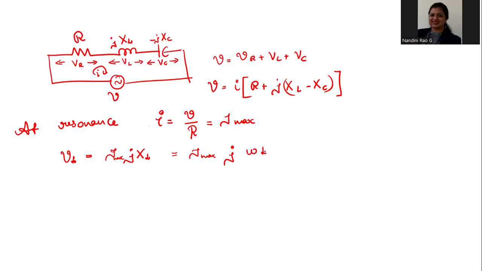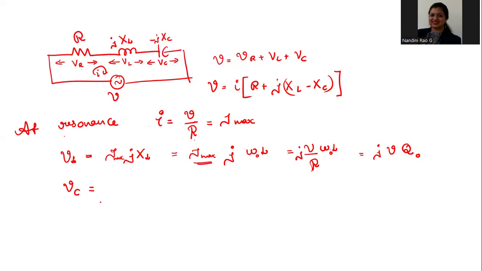I want to write it as omega L. What is this I max equal to? V by R. So again I will write V by R, j here omega L. What is omega L by R? Q, correct? Since we have considered everything at resonance, I will consider omega naught and then Q naught.